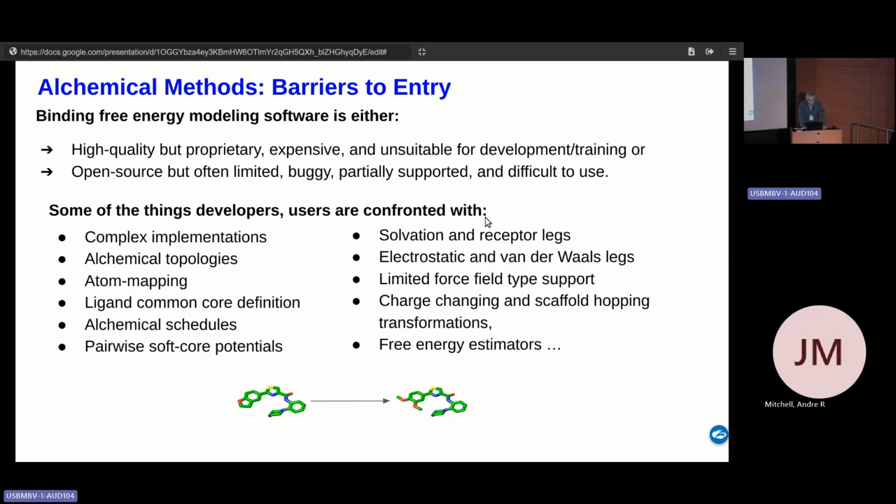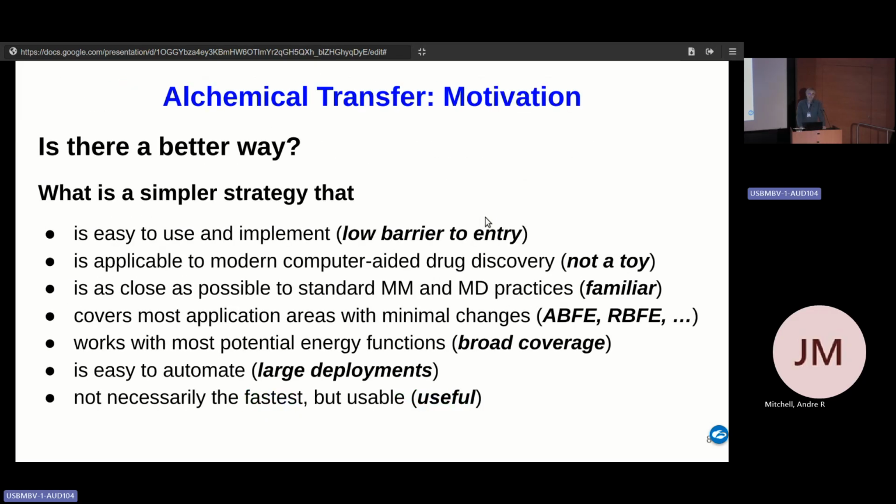And we were asking the question, and it's not a new question, is there a simpler way? It's something that's easy to implement so people can get to it more easily, but it's still applicable to computer-aided drug discovery. So it's not a toy. It's also as close as possible to standard molecular mechanics and molecular dynamics practices. For example, we want to use chemical topology.